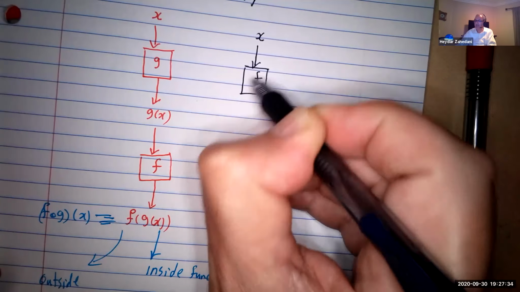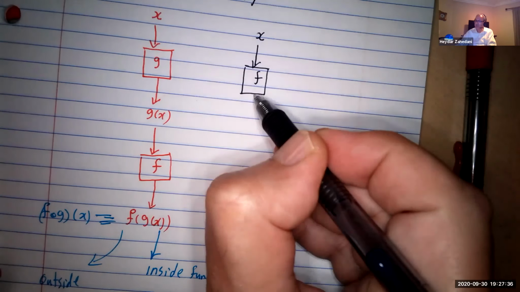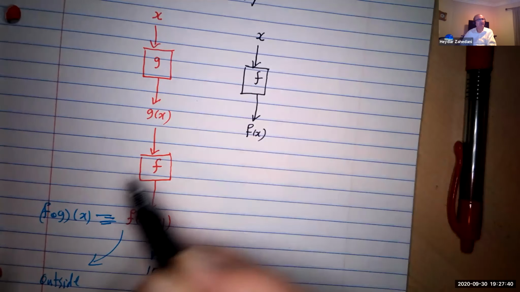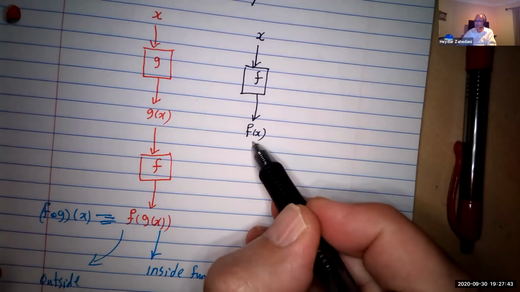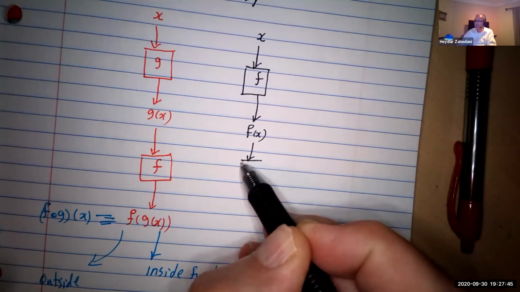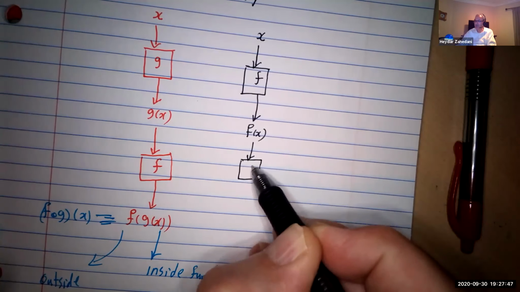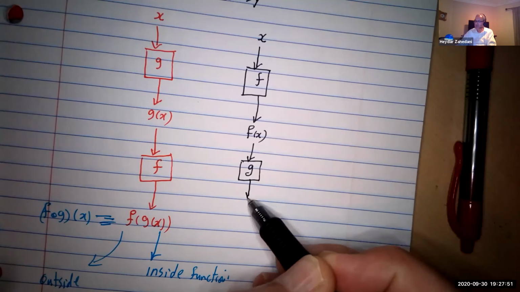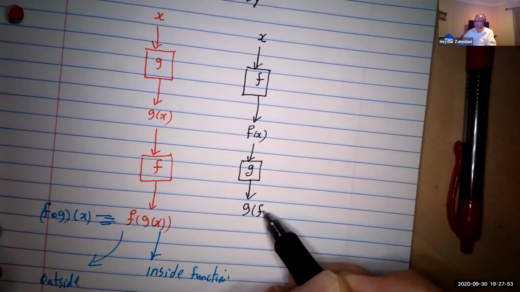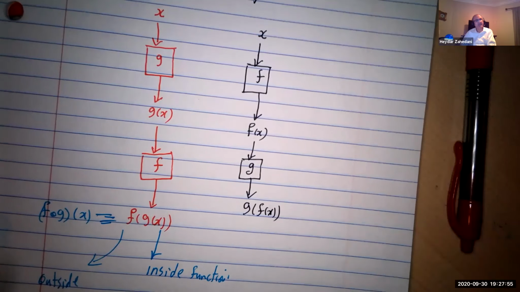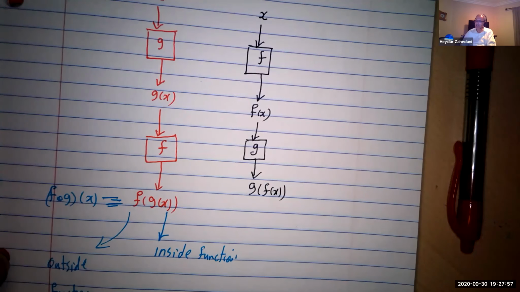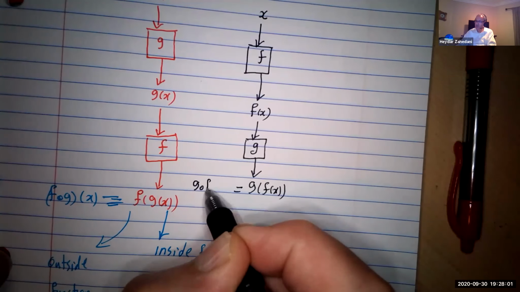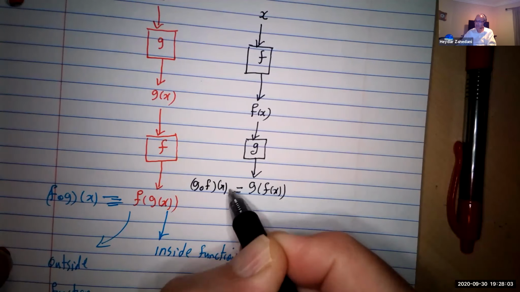So the output would be f of x. Then you bring the second function, the g function, and apply g to f of x, g of f of x. If you apply f first and g next, the direction is different. So this is (g∘f)(x).